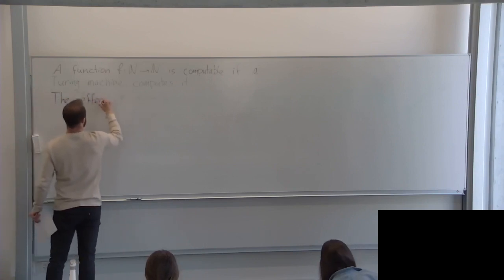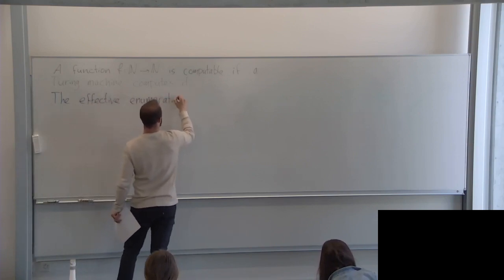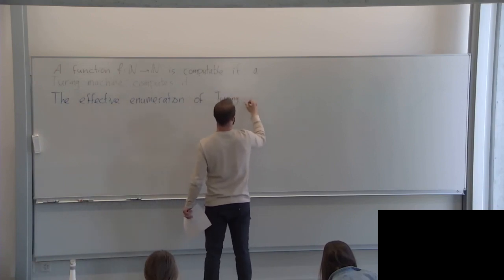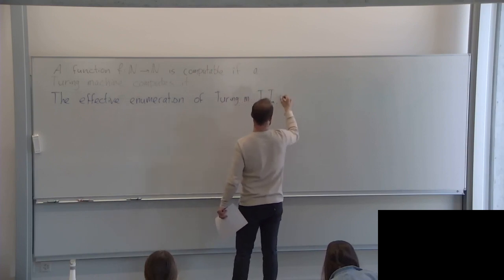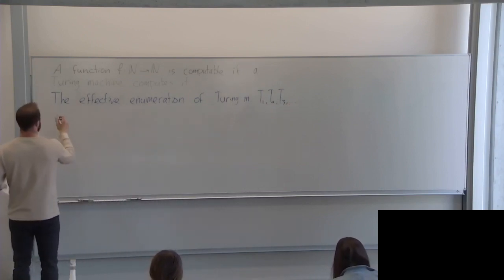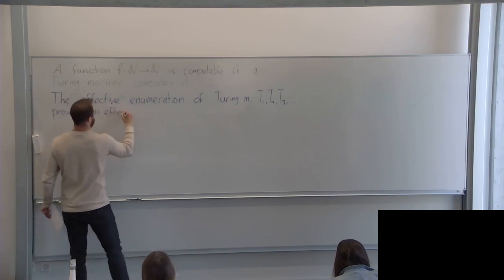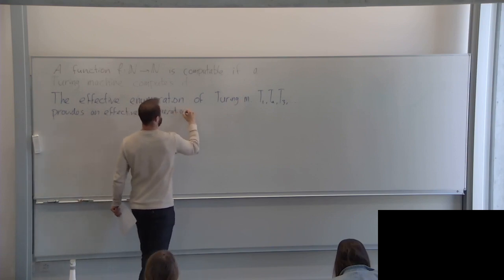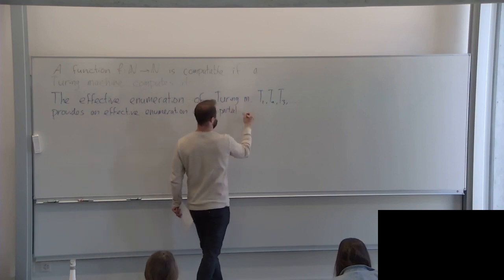The effective enumeration of Turing machines T1, T2, T3, and so on provides an effective enumeration of all partial computable functions.